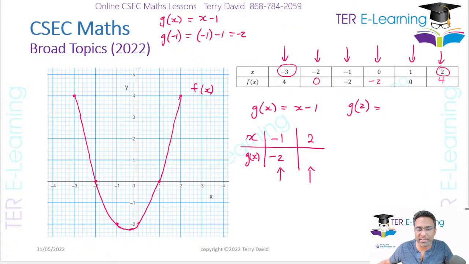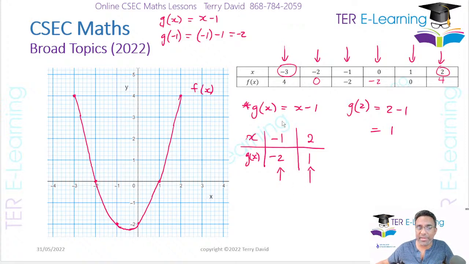Let's see if that's correct. Right, I see lots of people getting 1. So g of 2, remember this is your function here. So it's going to be 2 minus 1, and that's going to give you 1. So lots of people got 1 as the answer. That's correct.